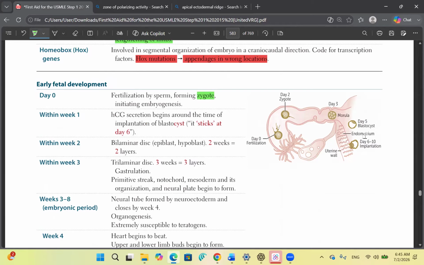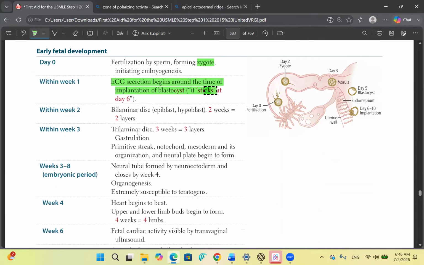So week 1 is basically day 1 to day 6, and the HCG secretion begins around the time of implantation of the blastocyst. After that, within week 2 there is a bilaminar disc: epiblast and hypoblast. 2 weeks is equal to 2 layers. Within week 3 there is a trilaminar disc and gastrulation. There's primitive streak, notochord, mesoderm and its organization, and the neural plate begins to form.